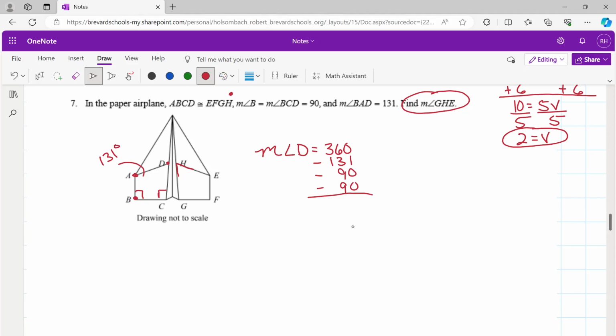That gives 49 degrees. So the measure of this angle D in here is 49 degrees.